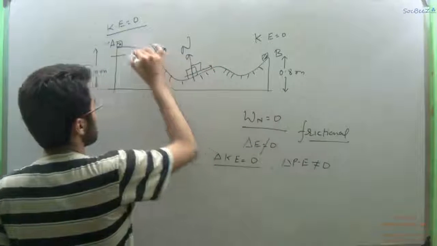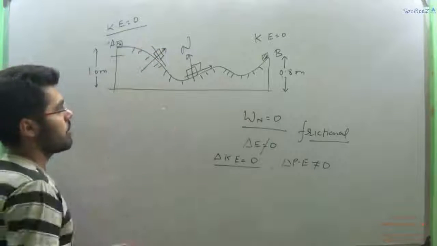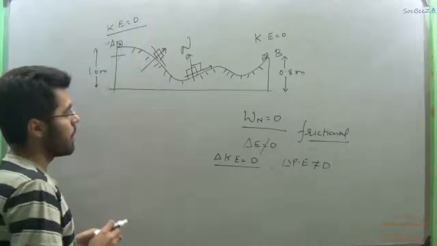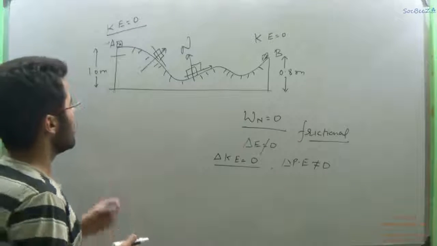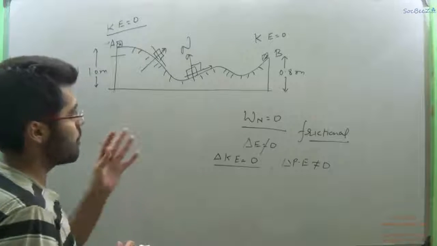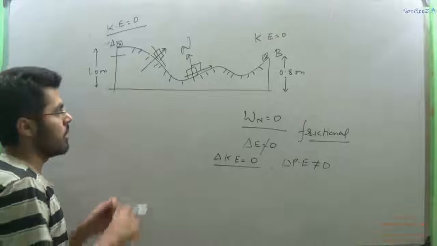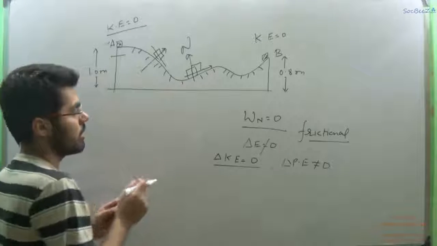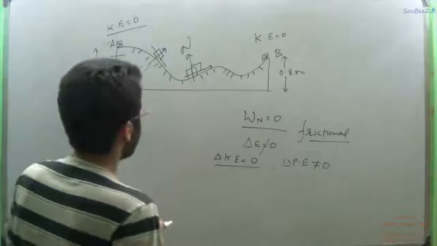It's a very random surface. Now we should not get worried looking at this surface. It's pretty easy. How? Suppose we are asked to calculate the work done by the frictional force from point A to point B. So definitely we cannot calculate it in the traditional way, as it will be too tiring an integration.